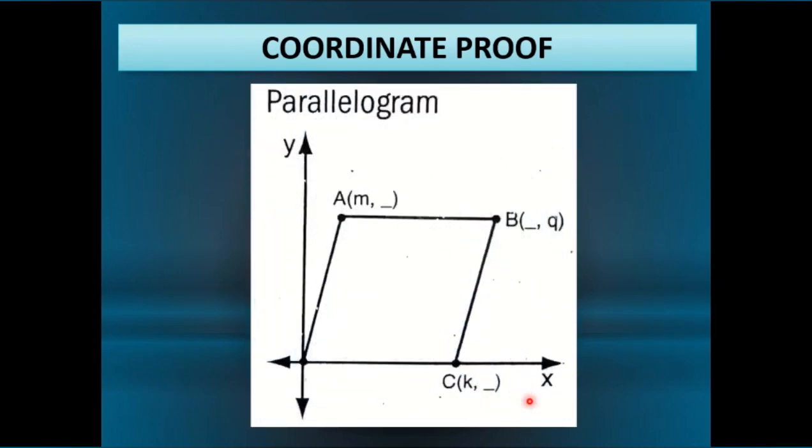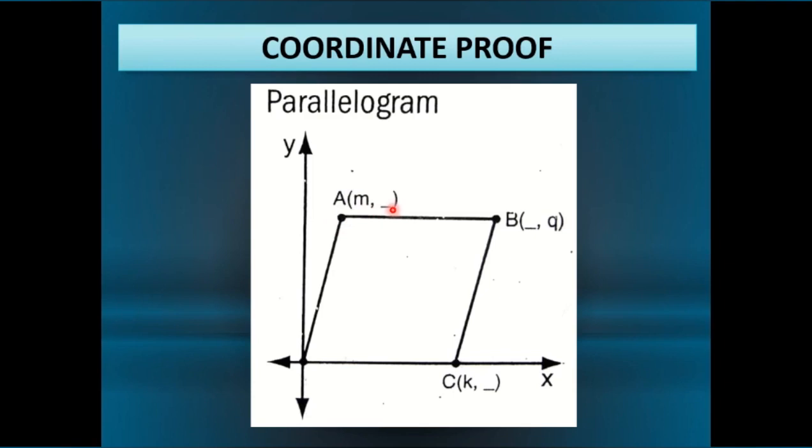And then with a parallelogram, we have two pairs of parallel sides, and opposite sides are equal in length. Again, this one is at the origin, so this will be 0, 0. And then for our A, we have the x coordinate, which is m.